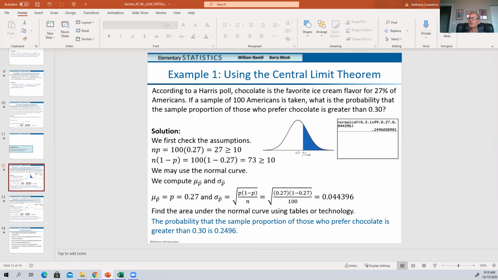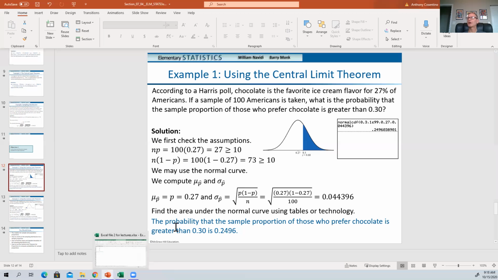So if we go up to the spreadsheet, we're going to find the probability that X is greater than 0.3.